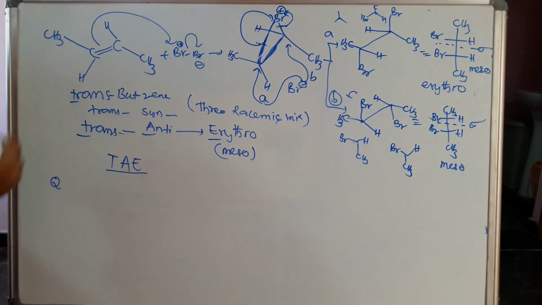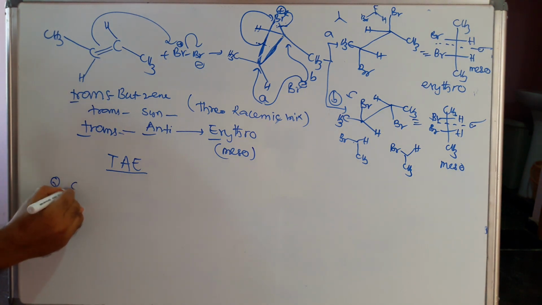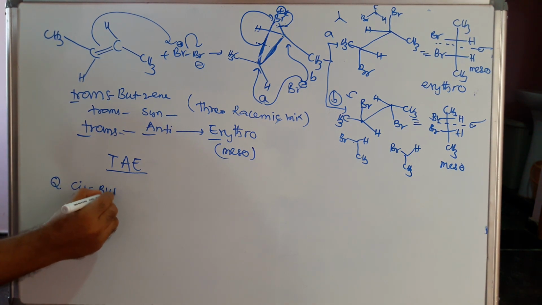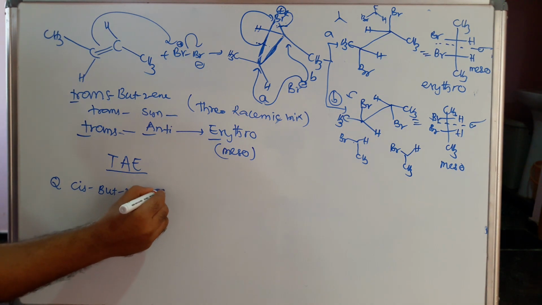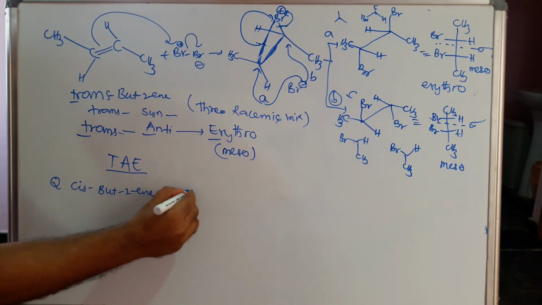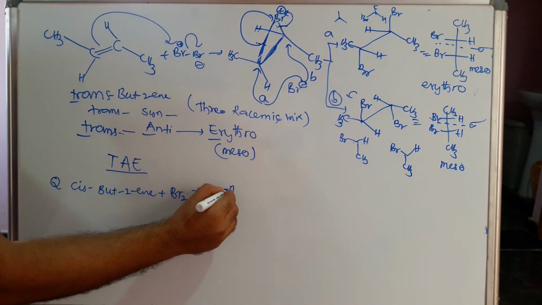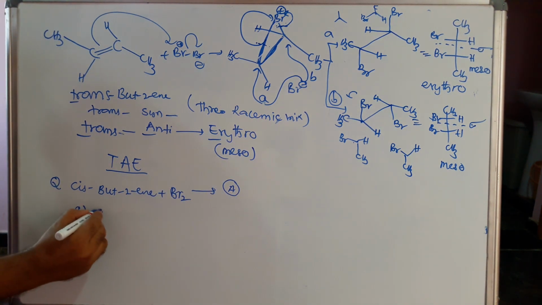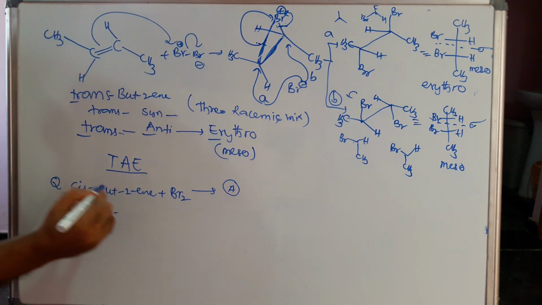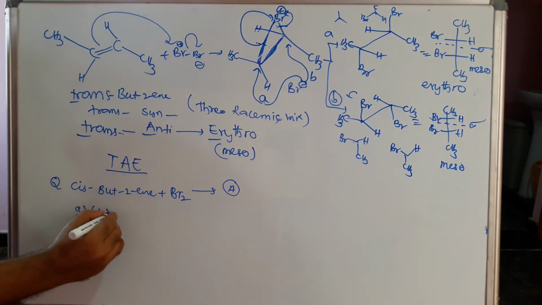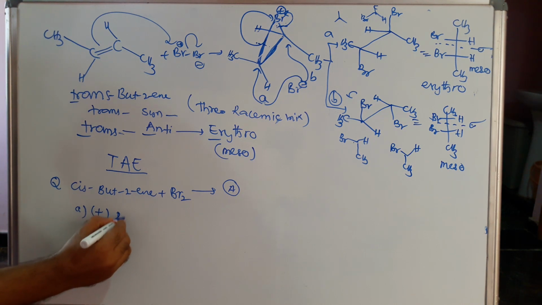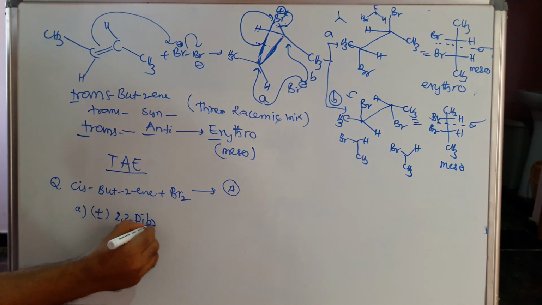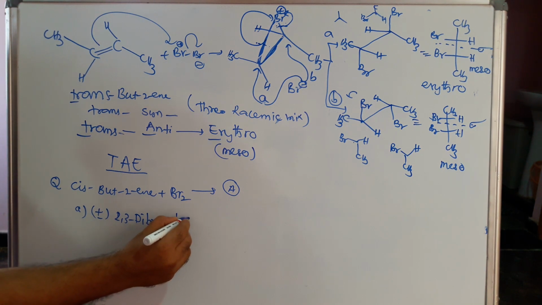The question may ask like this: cis but-2-ene reacts with bromine, it gives a compound. What is this? Option A, plus or minus 2,3-dibromobutane.